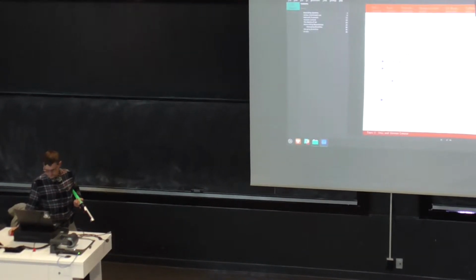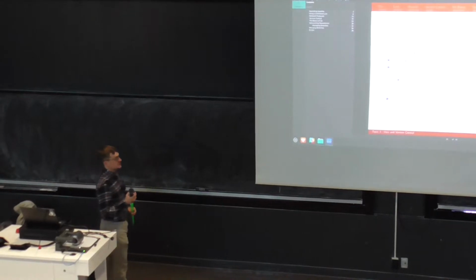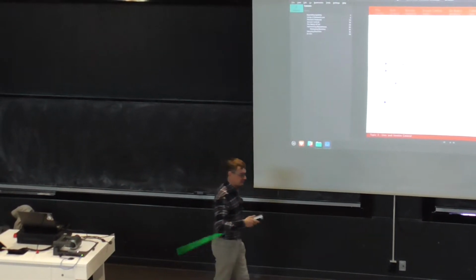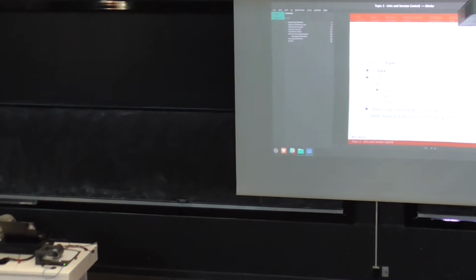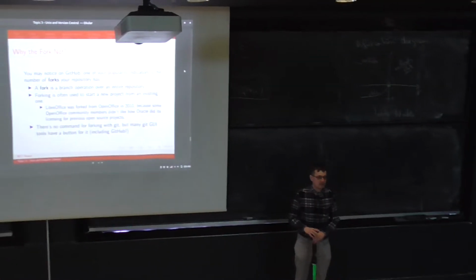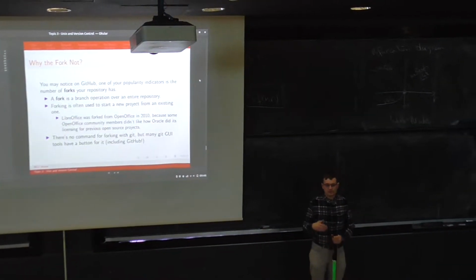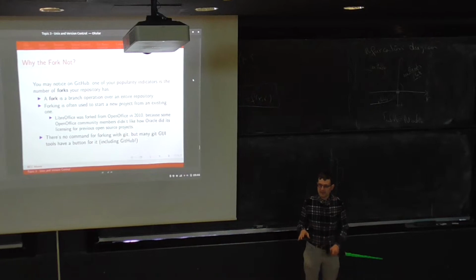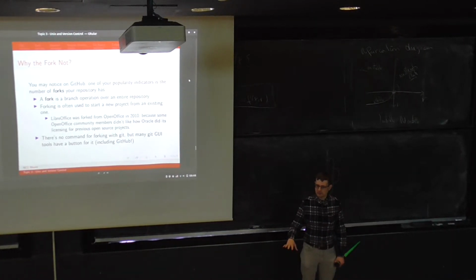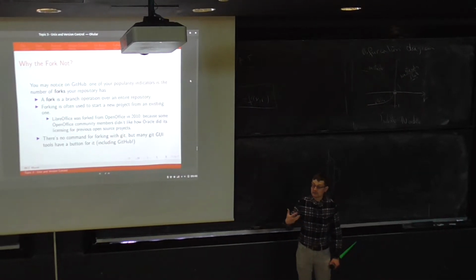So let's talk about forks, right? Forks are different from branches. Branches remain in the same repository. A fork is when you see someone's project and you're like, man, I really like this code, but I have a different vision.